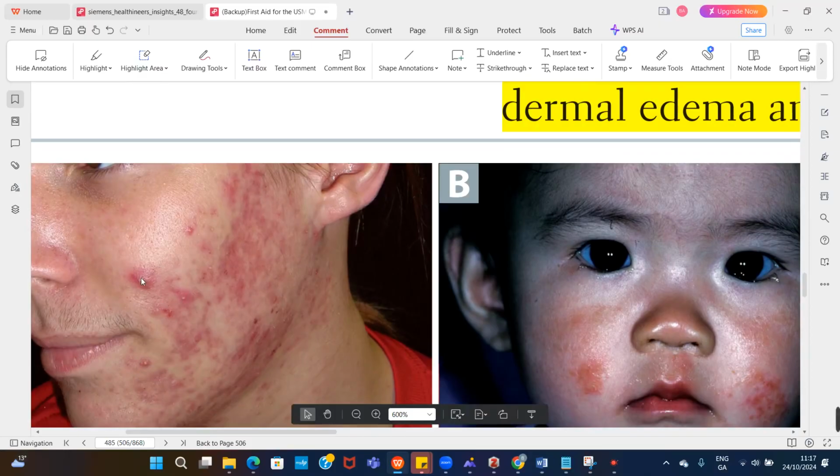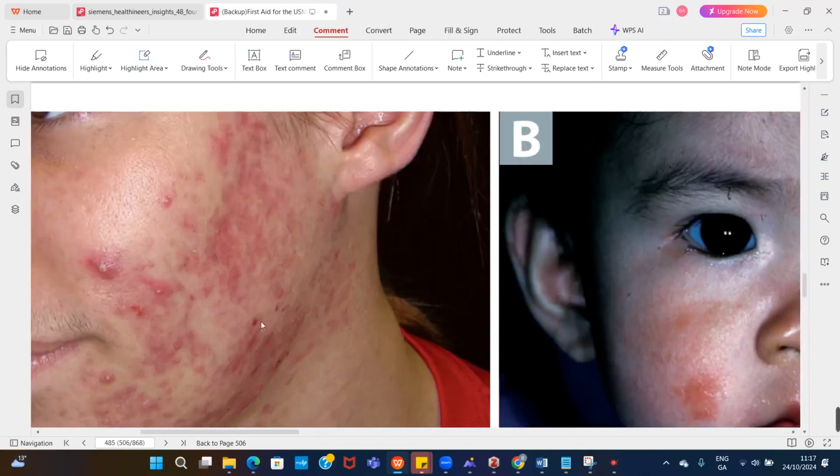They present like this, and you call it comedones. Now, you have two types of comedones: the white comedone and the black comedone. Can we see this tiny spot here? Anybody appreciate this? Yes. So this is the black comedone. This is the white comedone.